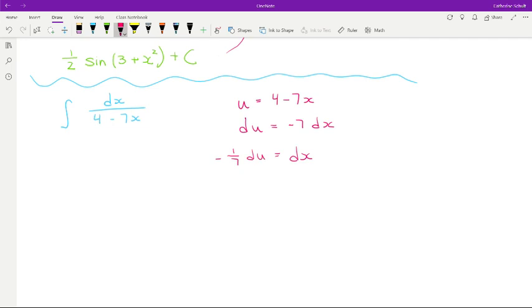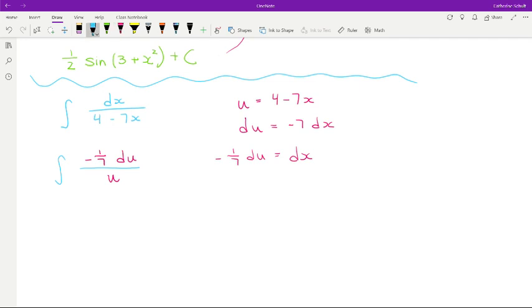Okay, so you see how we always have to refer back to the original integral when we're doing the substitution? Okay, so according to our substitutions, dx becomes negative 1 over 7 du, and 4 minus 7x is going to be substituted for u.